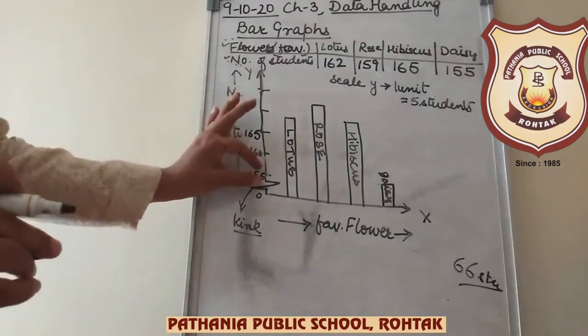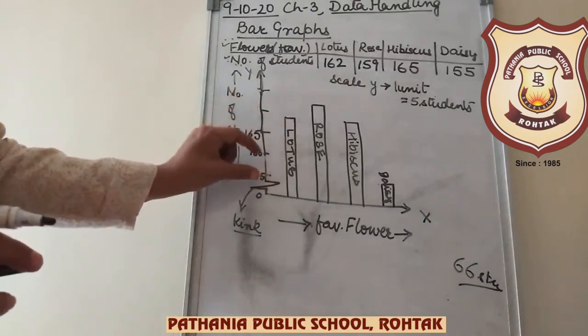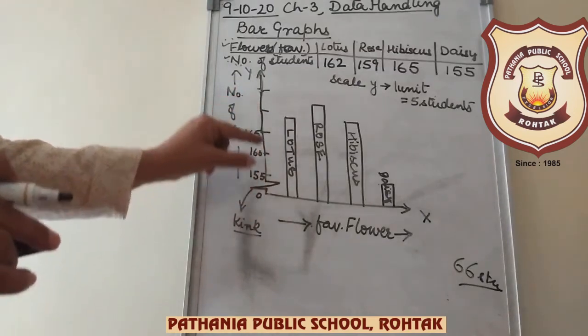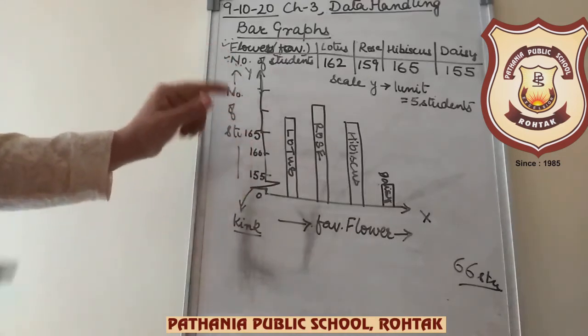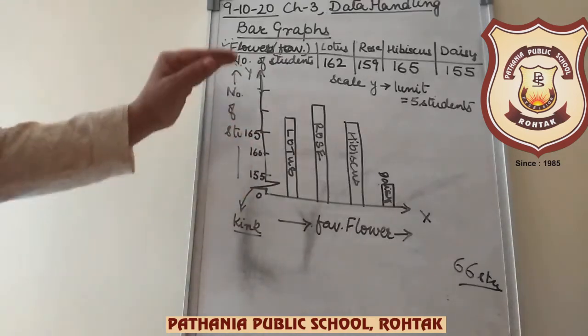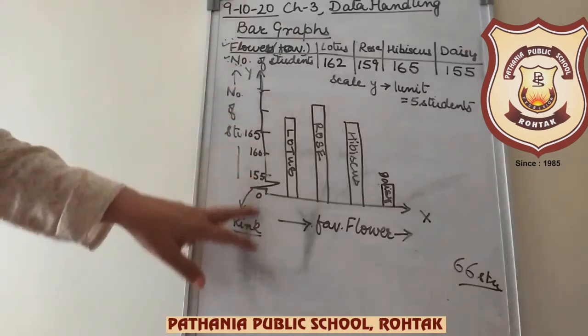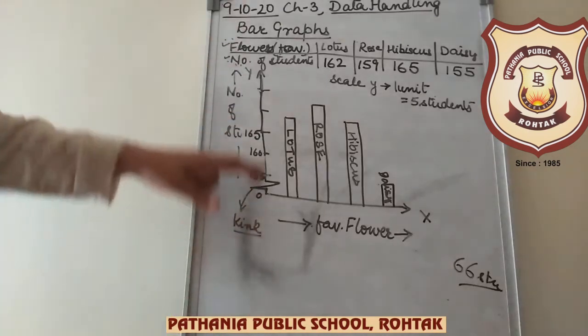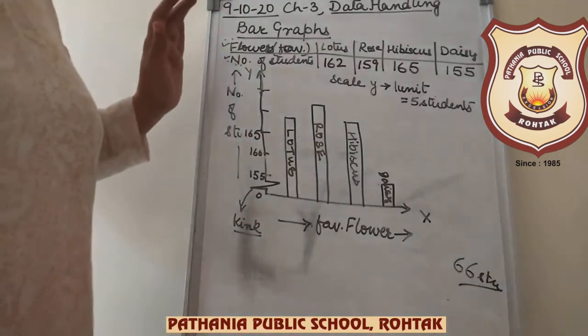Now in this area, how many values would you have written? 0 to 155 with a gap of 5 each. Means you would start from 5, 10, 15, 20, 25, 30, 35, 40. If I have to write all those values, you will require a very big paper.